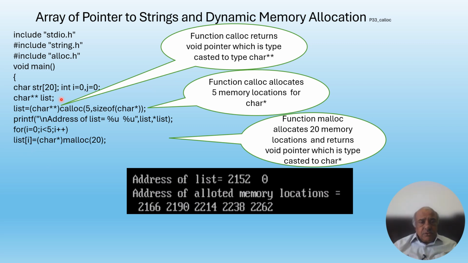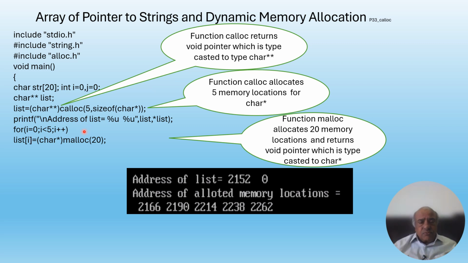We can see here we have not declared list as an array of pointers, we have just simply declared it as a pointer to a pointer, and to that pointer to a pointer what we are doing is making it an array of pointers to strings.